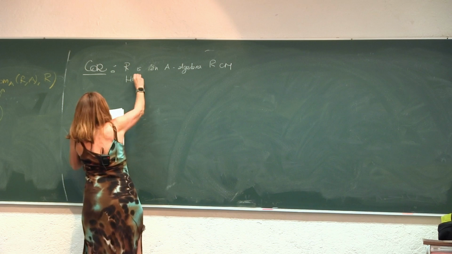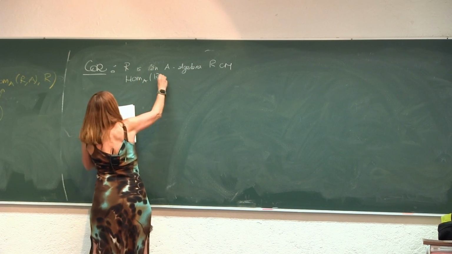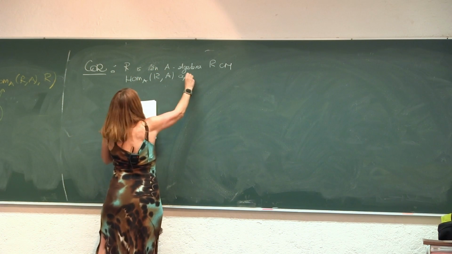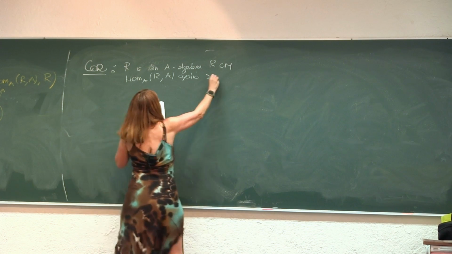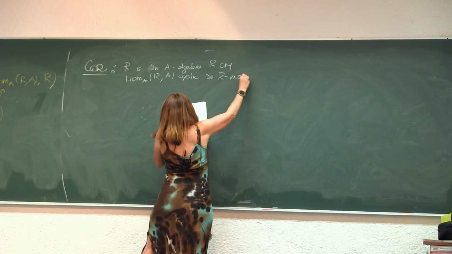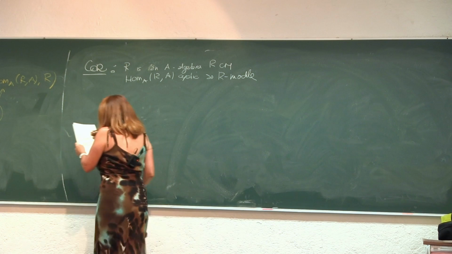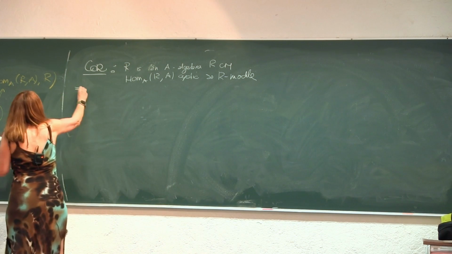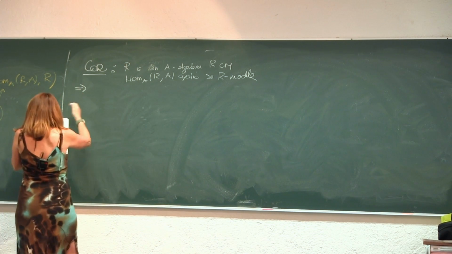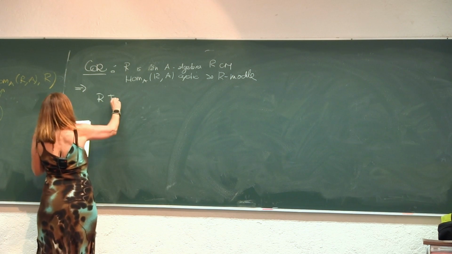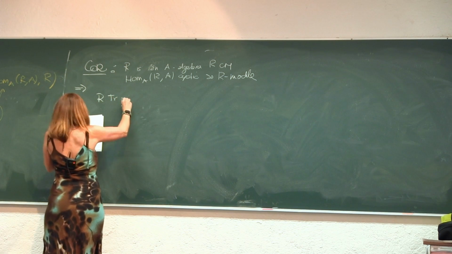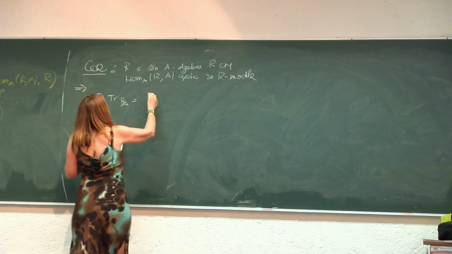So assume now that R is an A-algebra, and R is Cohen-Macaulay. Also assume that the Hom is cyclic as an R-module.